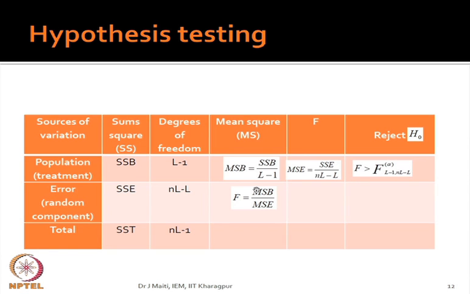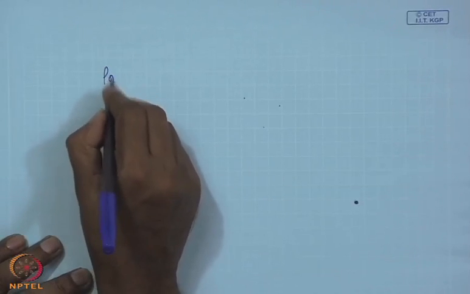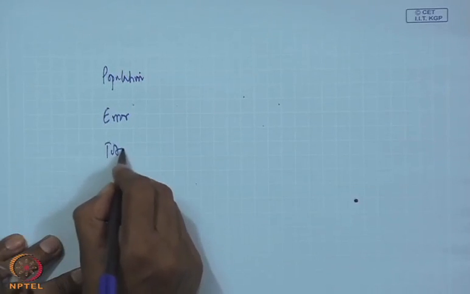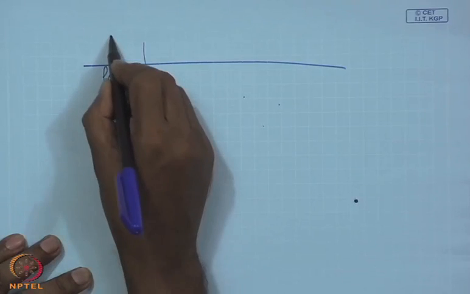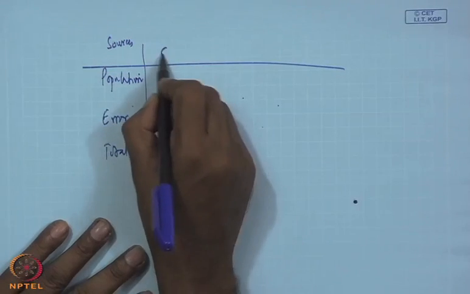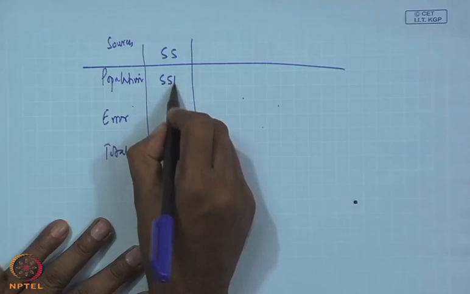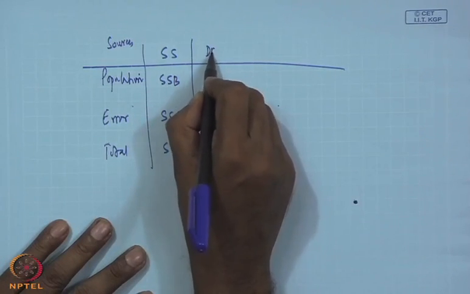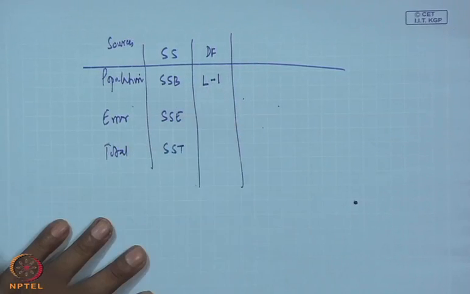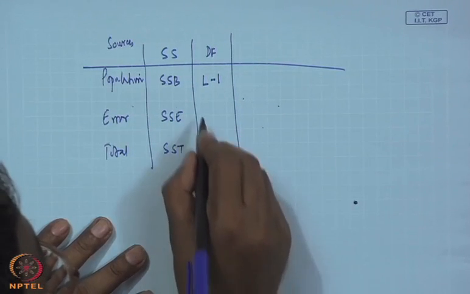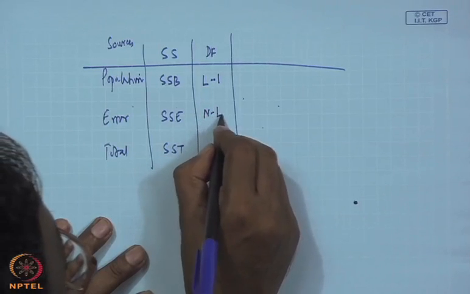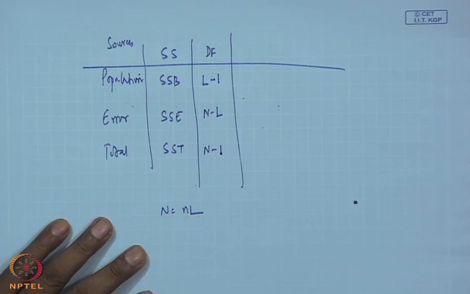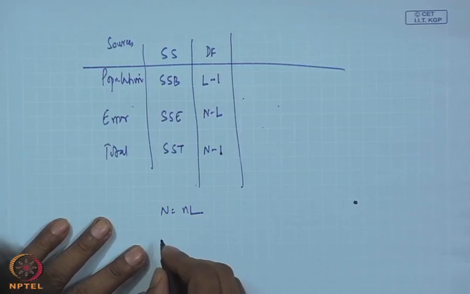So, I am writing again: population, then error, then total. These are the sources of variation. We are computing the sum of squares: between populations, error and total. The degrees of freedom will be L minus 1, N minus L, and N minus 1, where N is capital L into small n.